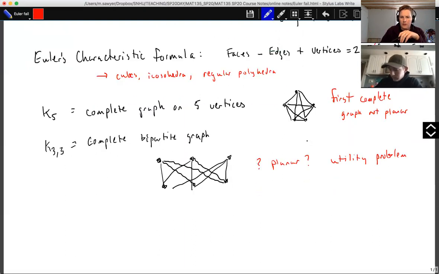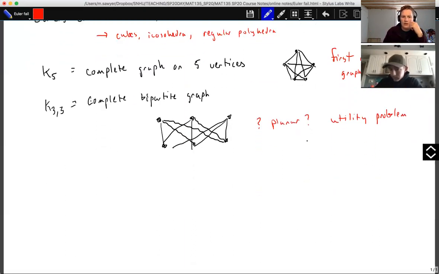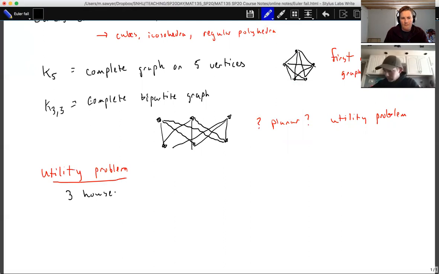With the utility problem, you can think of it this way: I've got 3 houses, and each needs to be connected to 3 different utilities.